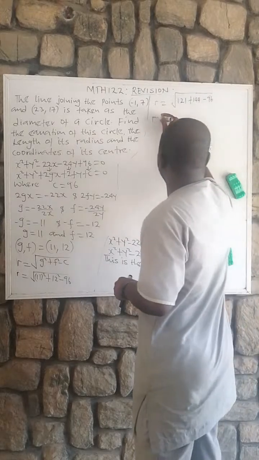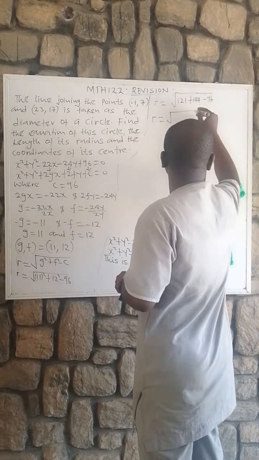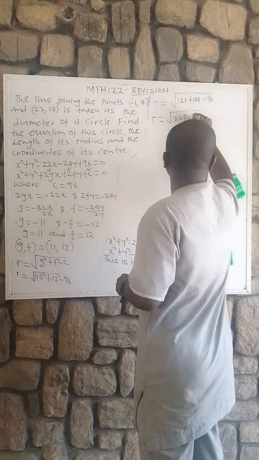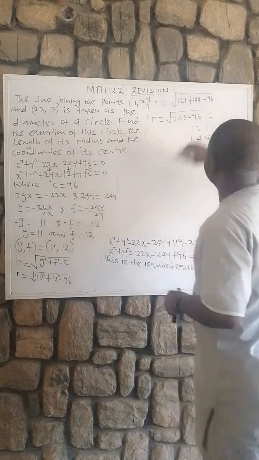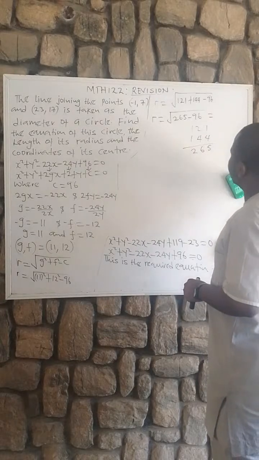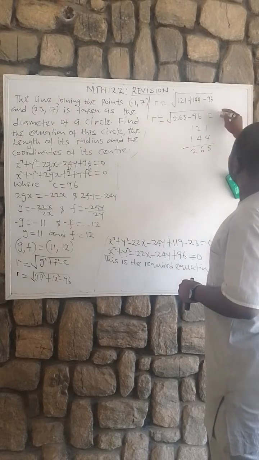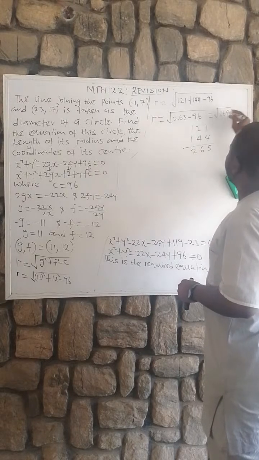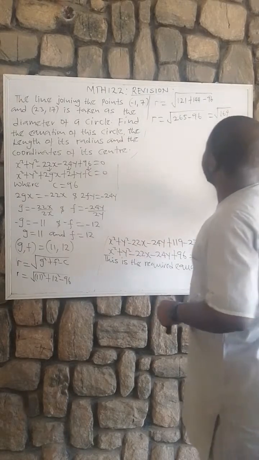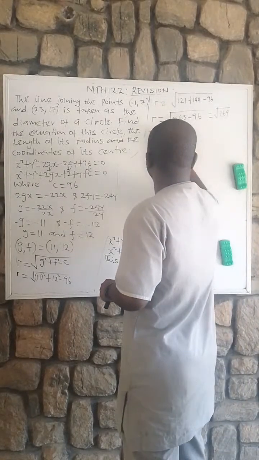So our radius is equal to 265 minus 96. Then we are going to have what? 169, right? 169. Then the square root of 169 is what? 13.